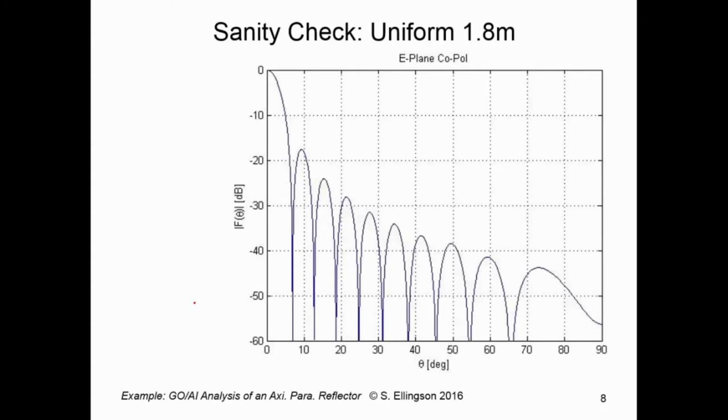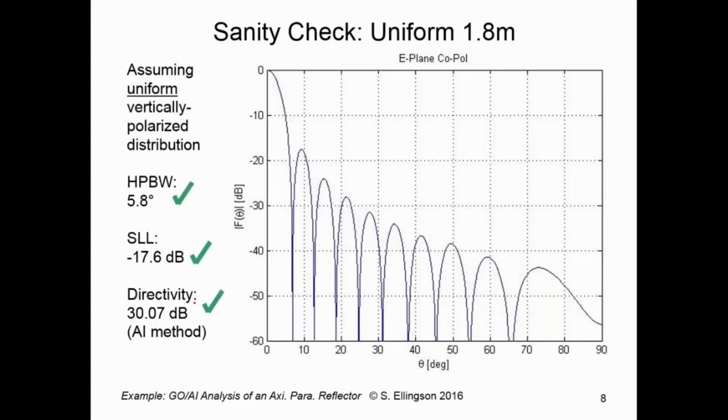And the advantage of employing a uniform 1.8 meter circular aperture here is that we have ready-made analysis and results from classical aperture theory. Here's the result. For a uniform 1.8 meter circular aperture, we find this result for the normalized field pattern. We can recompute the metrics that we computed in the previous scenario.